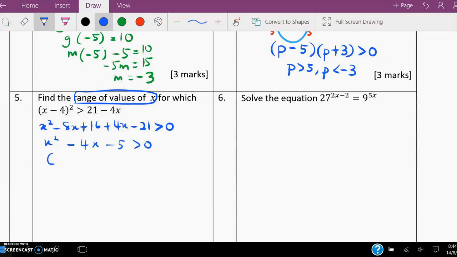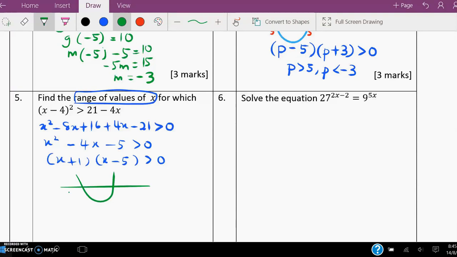Factorize it. It's a quadratic. You cannot solve this as a linear inequality, using a graph or shaded region. So here is a quadratic here. So this is going to be (x minus 5)(x plus 1). Then we draw the graph for some.